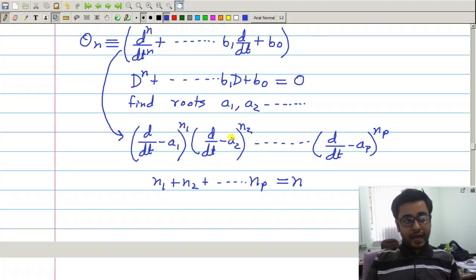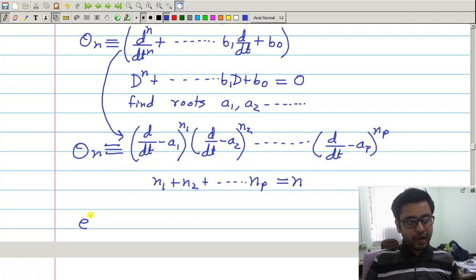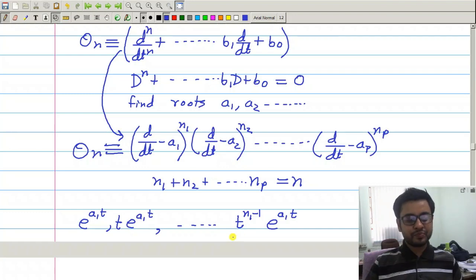Okay, and then we have seen that for this operator, which we are calling O, we have signals of this form: e^(a1 t), t e^(a1 t), up to t^(n1 minus 1) e^(a1 t).